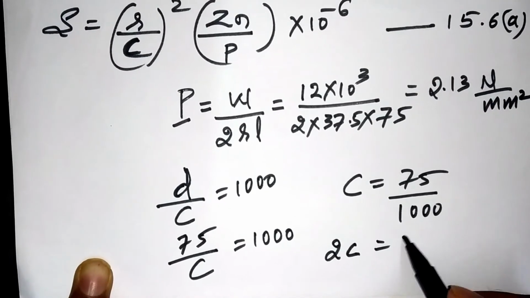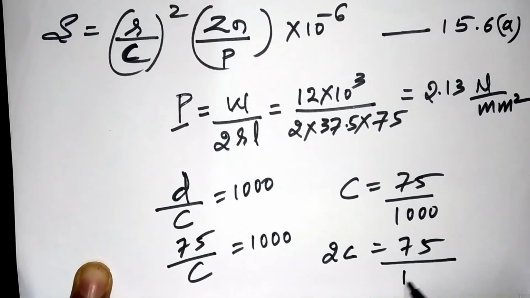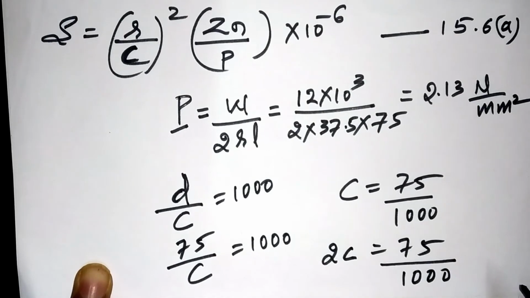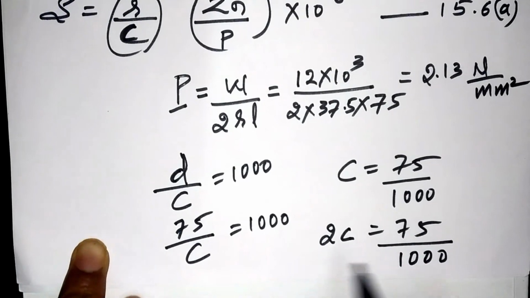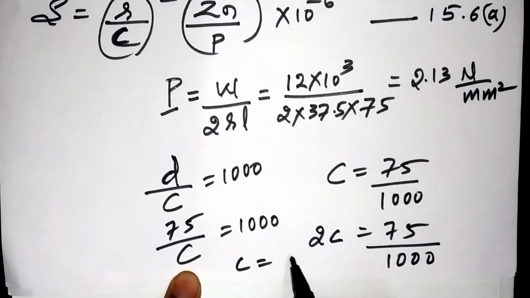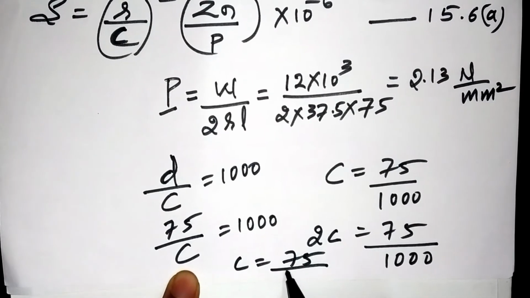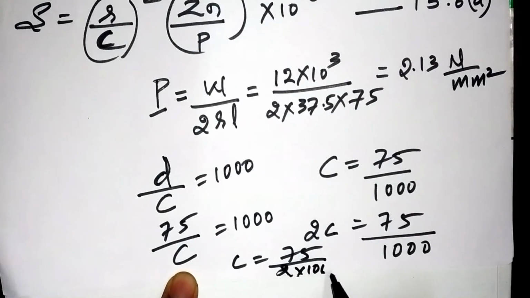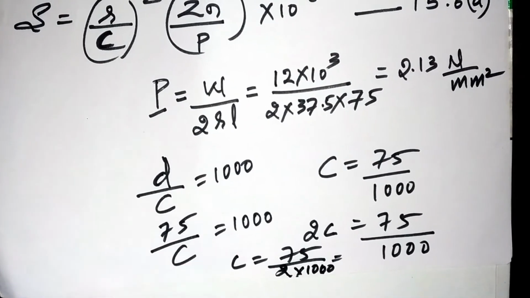Therefore 2c is equal to 75 divided by 1000. From this I'll get my c equal to 75 whole divided by 2 into 1000. So from this I'll get my c value.